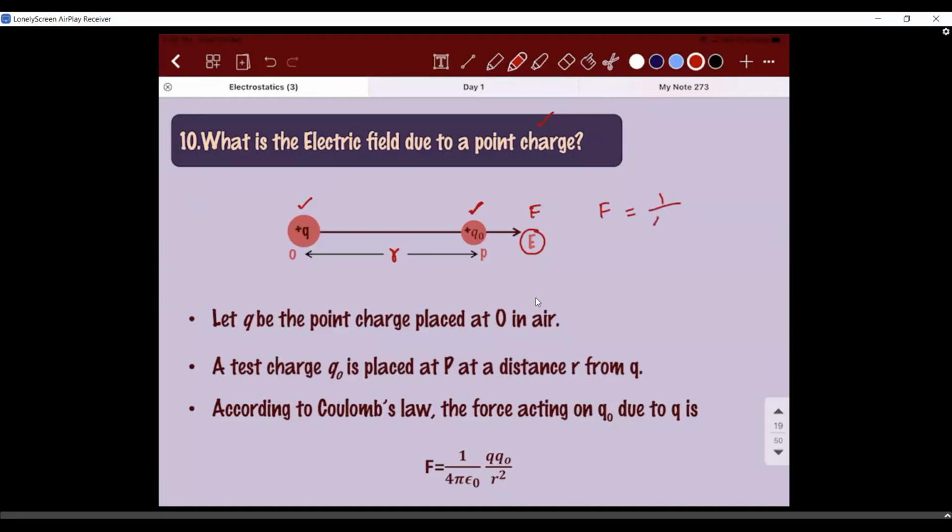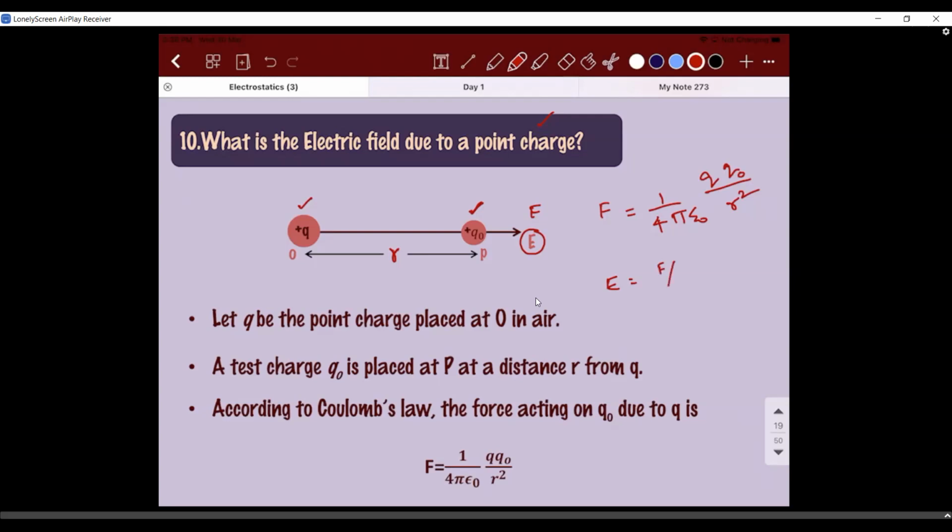It is 1 divided by 4 pi epsilon naught into magnitude of source charge into magnitude of test charge divided by the square of the distance of separation between them. Right. But what does the definition of electric field intensity tell us? If you know the force that is experienced by the test charge, divide that force with the magnitude of test charge itself.